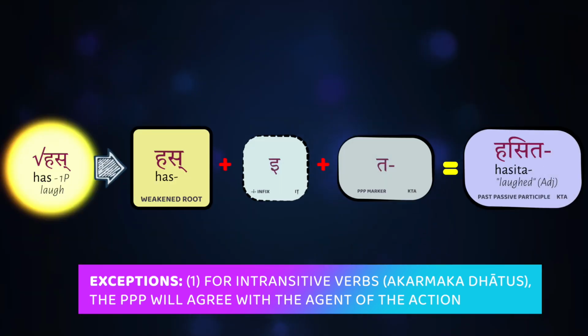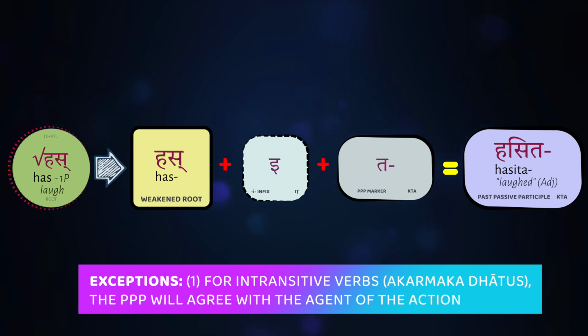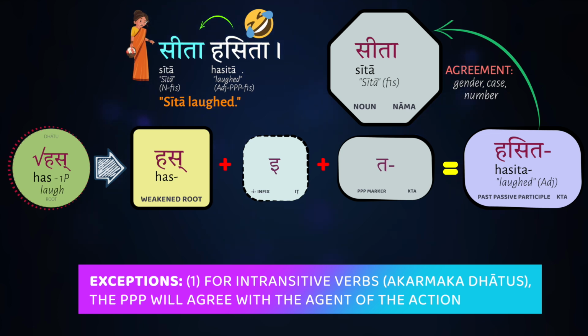For example, the root has, meaning to laugh, has your PPP hasita. It has that optional i. It means laughed. So if we said Sita hasita, this means Sita laughed. Sita is the agent of the laughing. She's not the one being laughed at. This is just something to watch out for in terms of your intransitive verbs, that the PPPs function actively.